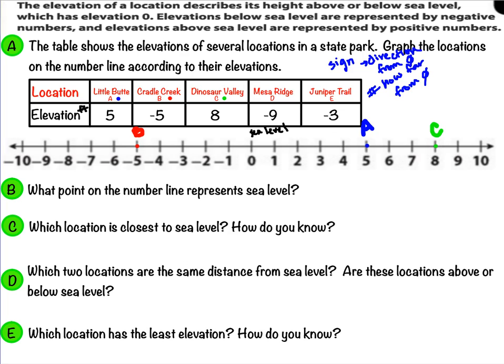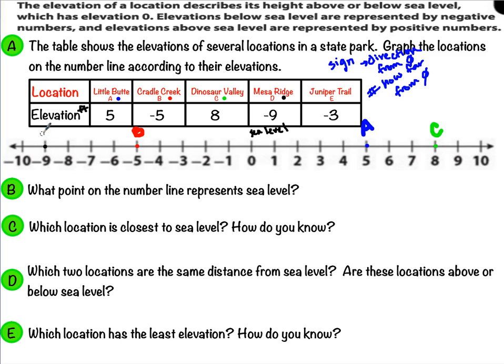All right, and then now I have my black colored pencil. It's going to represent Mesa Ridge. Again, this is a negative number, so this would be -9, so I start at 0, and I go 9 spaces to the left because it's negative. 1, 2, 3, 4, 5, 6, 7, 8, 9.